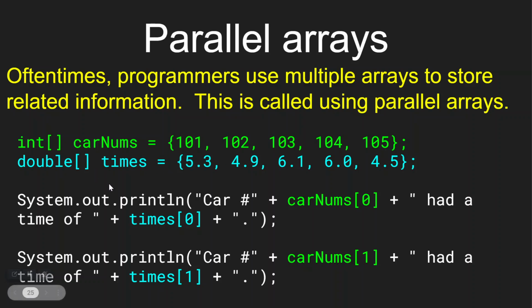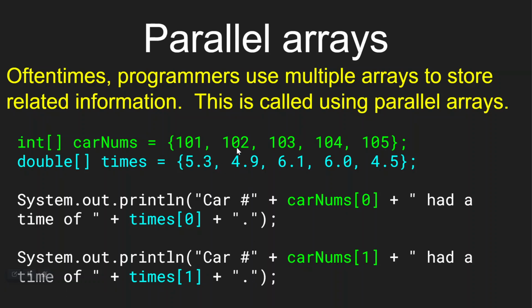And then down here, what I could do is print "Car number" and then add carNums at 0, which would be 101. And then concatenate "had a time of" and then times at 0, which is 5.3, and then add your period. And then again, could do the same thing, "Car number" and then carNums at 1, which would be 102, "had a time of" and then again times at 1, which is 4.9.